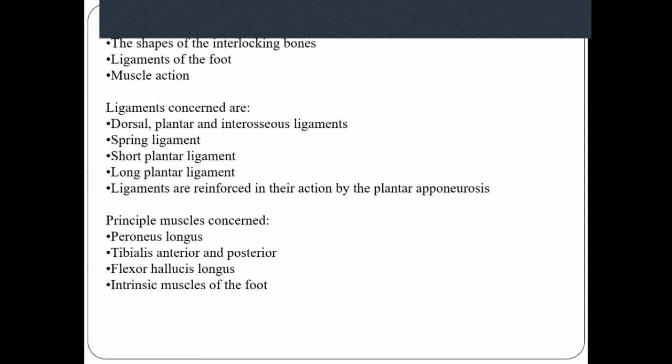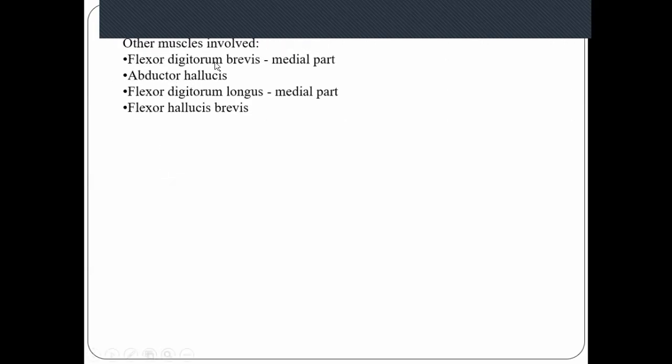And there are other muscles also involved in maintaining the foot arches: the flexor digitorum brevis, the medial part of abductor hallucis, the medial part of flexor digitorum longus, and the flexor hallucis brevis.